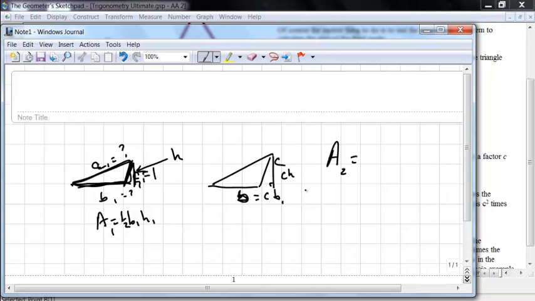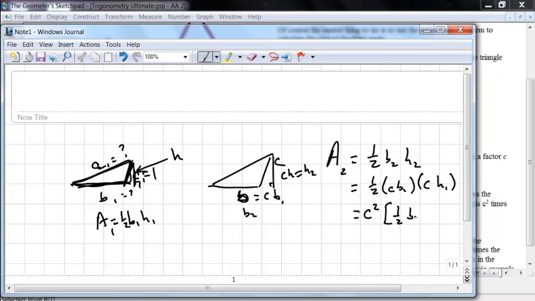This is area 2, and we could call this H2 and this B2. It's 1/2 B2 times H2. But B2 is C times B1, and H2 is C times H1. So you can factor out a C squared, and you're left with 1/2 B1 times H1. So in fact, that is A1 times C squared.